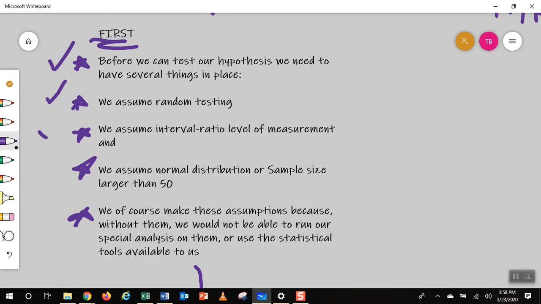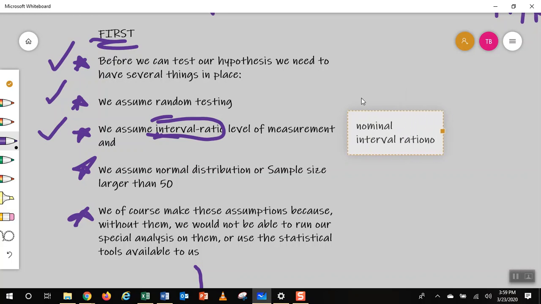We want to assume an interval level ratio of measurement. Recall this one as opposed to nominal, and we also had interval ratio, and the in-between one, we had ordinal.